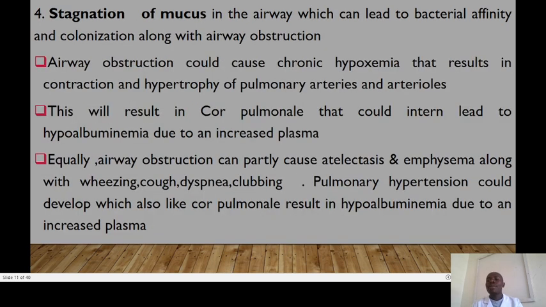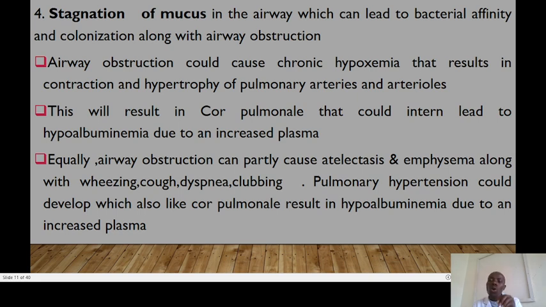All right. Number four is that when you have thick mucus secretions around, they are going to lead to stagnation of mucus in the airway. And when there are these secretions in the airway, it normally leads to bacterial affinity and colonization along this airway, which can lead to an obstruction. And this airway obstruction could cause chronic hypoxia since oxygen is not able to get to the distal parts. This results in contraction and hypertrophy of pulmonary arteries and arterioles.